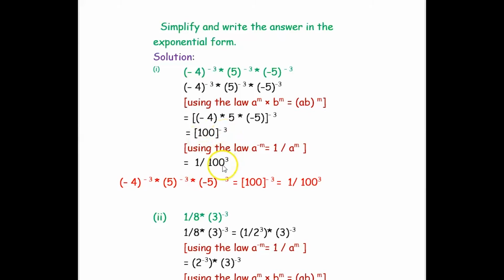So 100^-3 can be written as 1 divided by 100^3. Thus (-4)^-3 into 5^-3 into (-5)^-3 is equal to 100^-3, which can be rewritten as 1 divided by 100 raised to the power of positive 3.